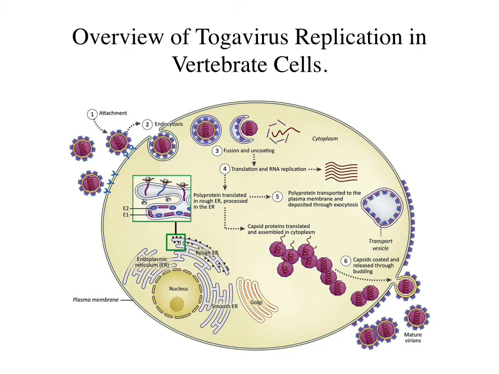The glycoproteins are going to be translated in rough ER and get processed and carried to the plasma membrane, where they're going to become inserted. They're going to fuse with the plasma membrane of the host cell. Capsid proteins are assembled in the cytoplasm. The genomic RNA is inserted into the capsid, and they migrate to the plasma membrane and bud through.